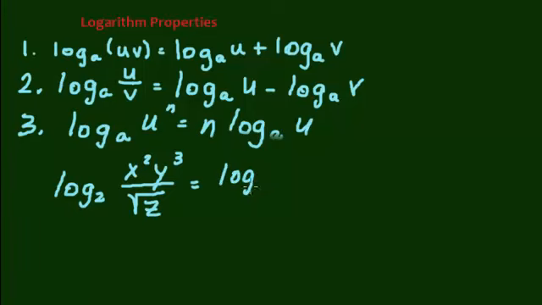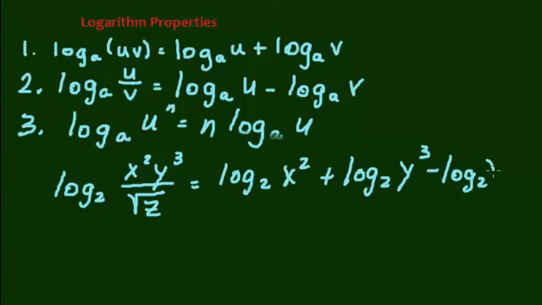So I'll do this in a couple of steps. I'll say log base 2 of x squared plus log base 2 of y cubed minus log base 2 of the square root of z. Now the square root of z could be written as z to the 1/2 power. So I'll actually use that to bring that power out front and get rid of these exponents sitting there on these variables.